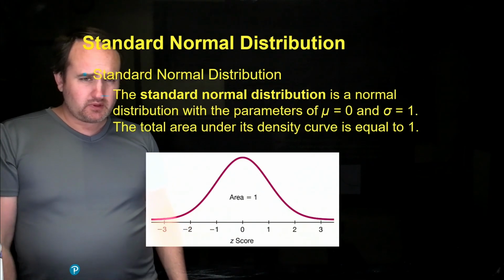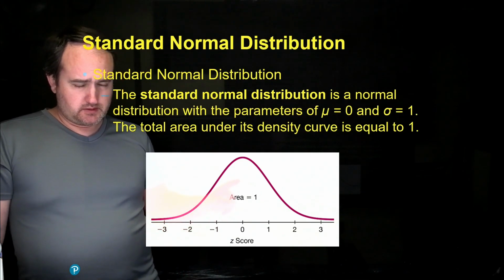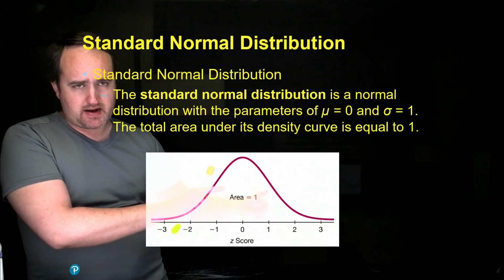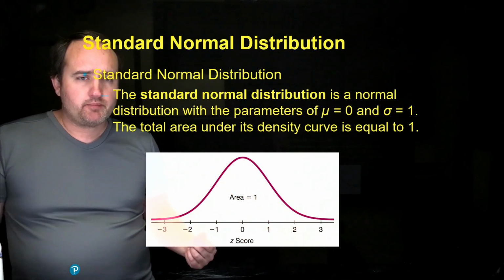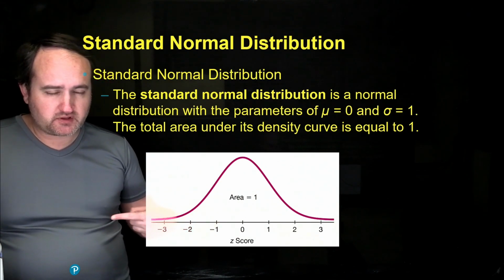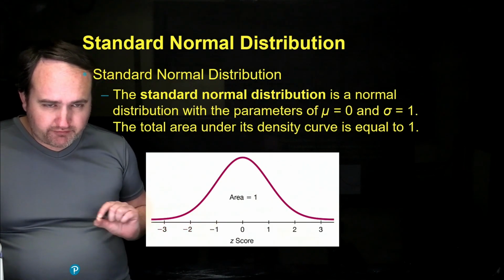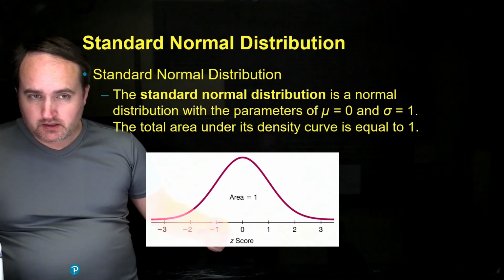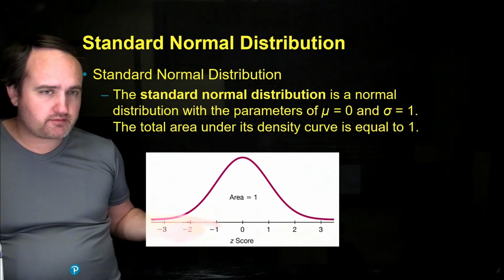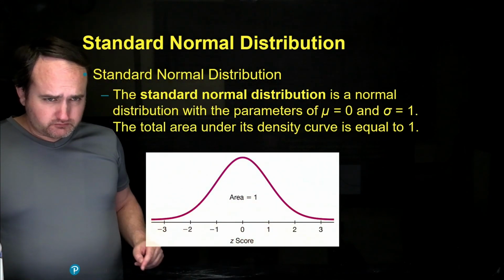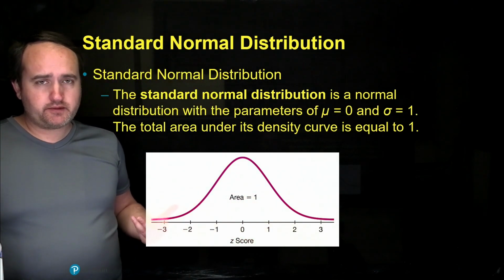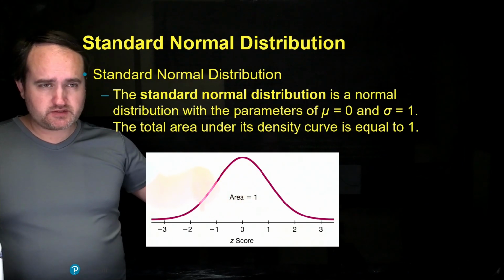The only thing to note here is if you just look at this graph, this is a bell-shaped curve, but notice that it goes off forever to the left. So it goes to negative infinity to the left, and to the right it goes to positive infinity. But most of the area is here in the middle.